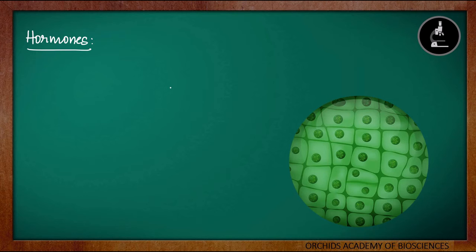These chemical compounds, which are called hormones, for example, are produced by the cell. So this will diffuse into the surroundings from the cell, and if the cell which is present next to it or present in its surroundings is able to detect this hormone, it will be able to transmit this information from one cell to another.